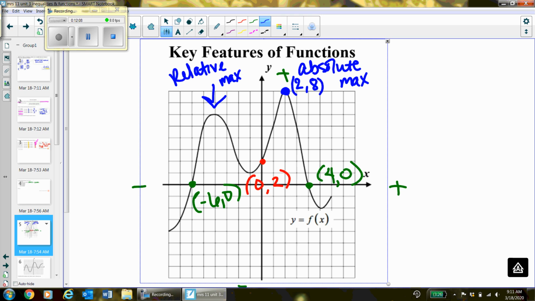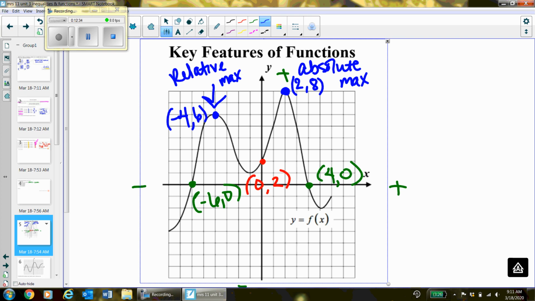So 2, 8 is our absolute max. And then our relative max, which is here, is negative 4, positive 6. Okay, negative 4, 6 is our relative max.